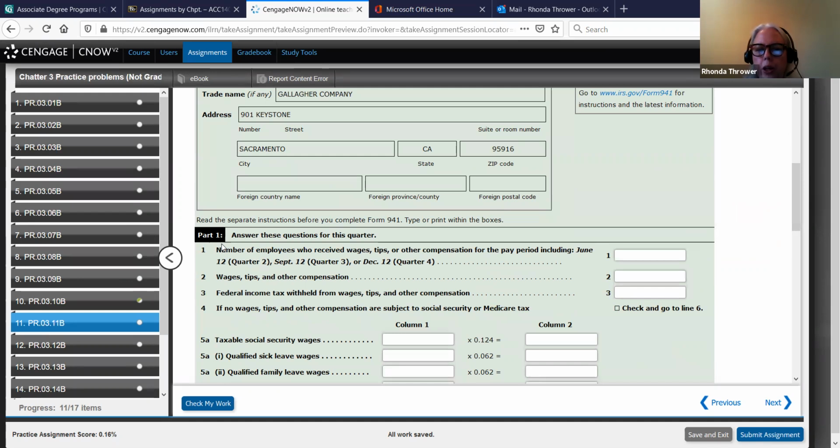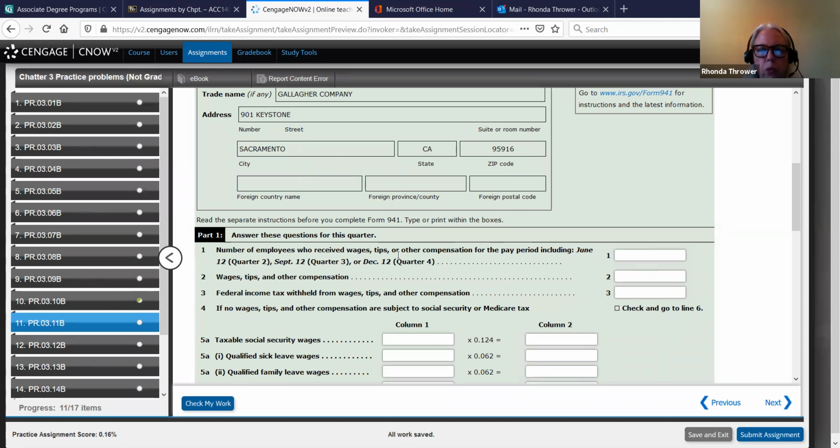In part 1, they're asking you what the number of employees were who received wages and tips or other compensation for the pay period including June, which was part of the second quarter, September, and December.